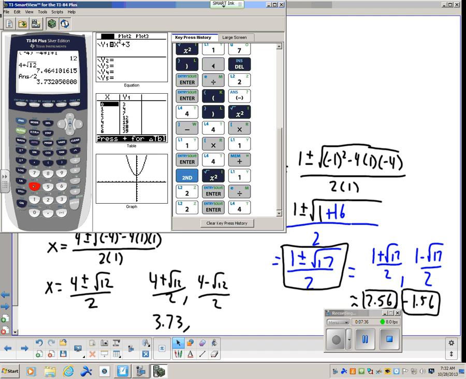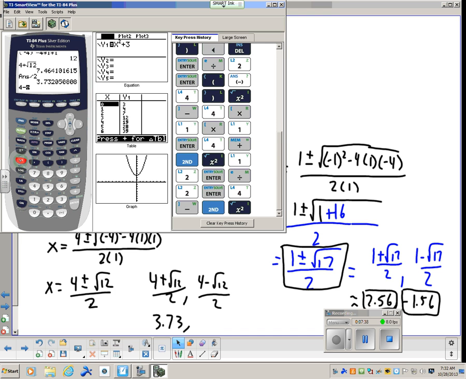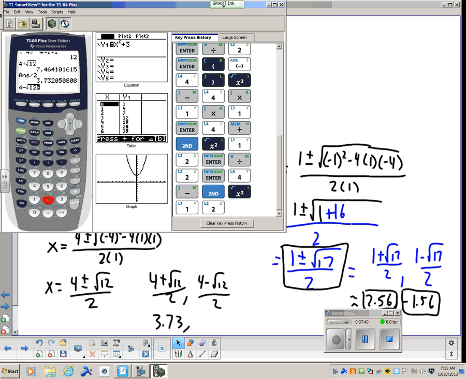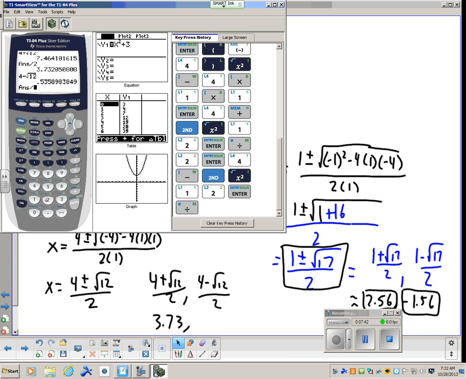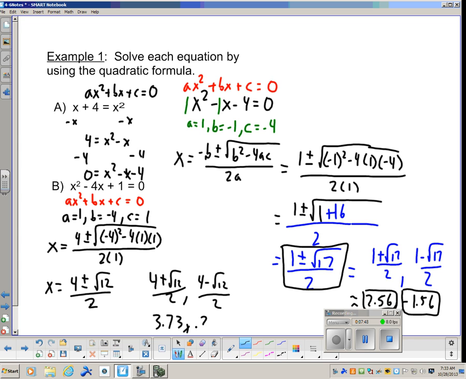And 4 minus the square root of 12 divided by 2, and I get 0.27. Notice I'm rounding that up because there's a 7 right next door to it. 5 or larger, you round up your hundredth there.